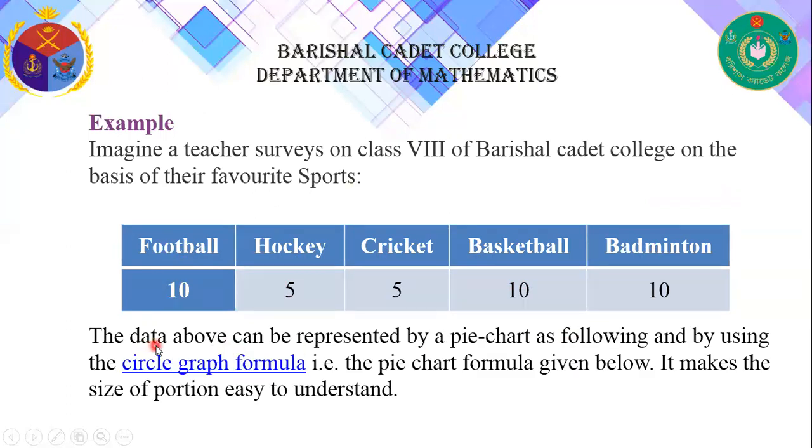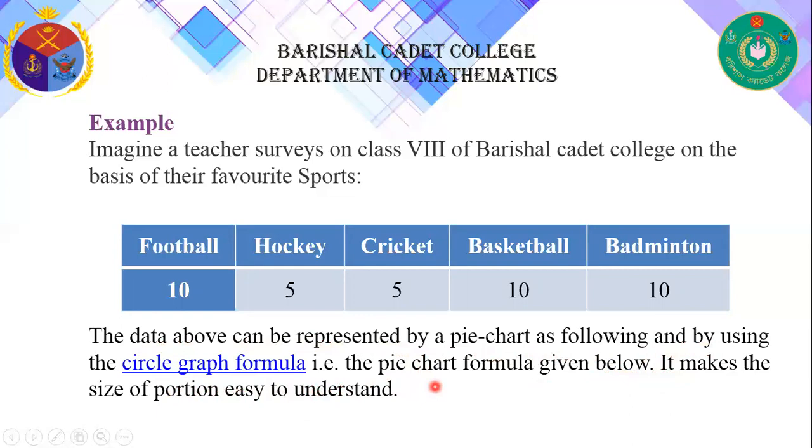Now, the data above can be represented by a pie chart as follows, and by using the circle graph formula, the previous formula I discussed, it makes the size of each portion easy to understand.